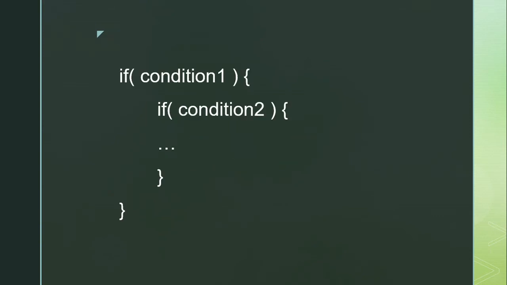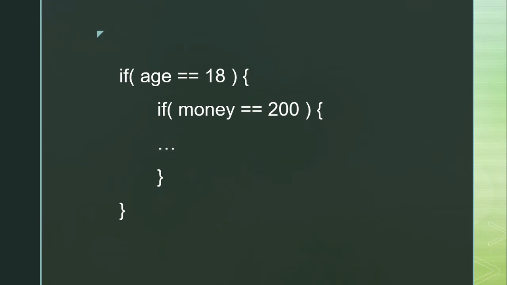There is one more concept I wish to talk to you about today. Nested if statements. These are if statements inside other if statements, in short. Let's take this example. We have a variable age somewhere in the code, and we want to check if the variable is equal to 18.